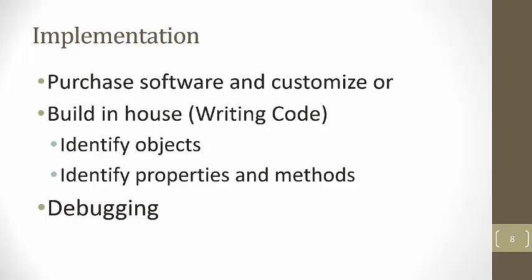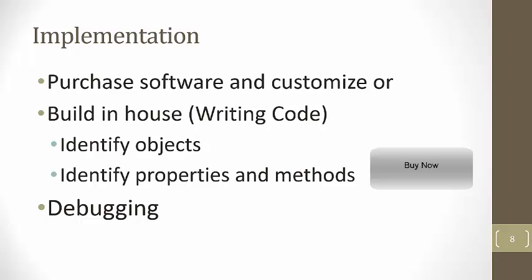So for each item, we can have the price that's associated with that item, and then we have properties. So we can identify buttons that would be used for this specific application, and then each button or each control would have its own properties and its own methods. For example, we would have a purchase button.